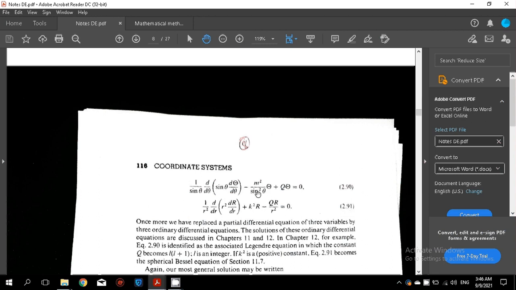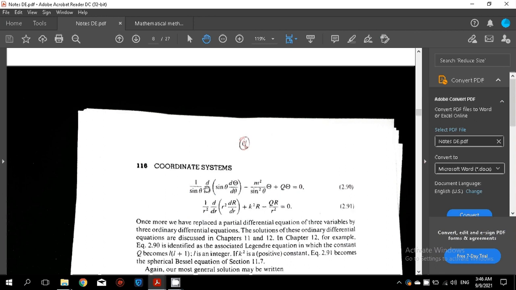Right. So we have achieved our target, that is, we have converted a partial differential equation into a set of three equations. The previous equation was the phi equation, and this is the theta equation, and this is the radial equation.